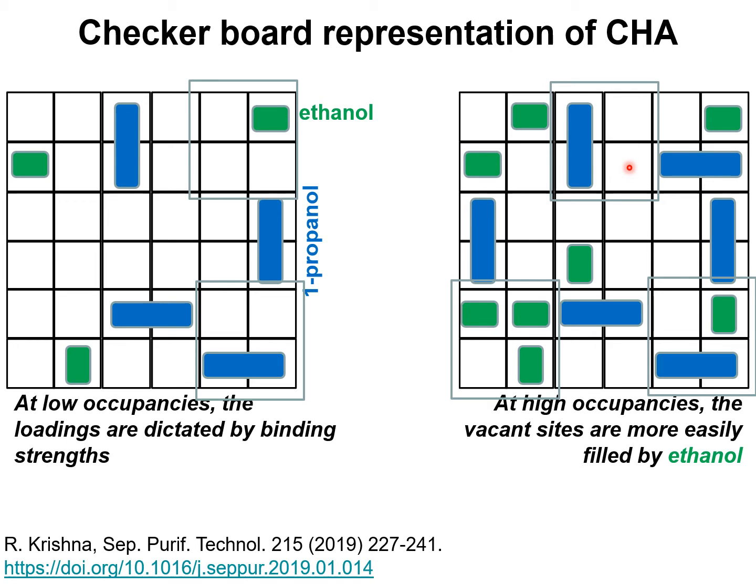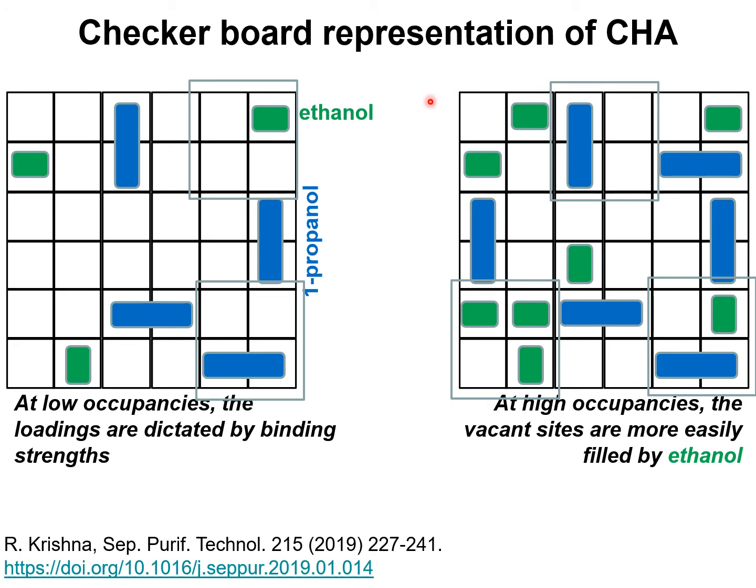These sites can be filled by 2 ethanol molecules or 1 propanol molecule. Let's consider another cage of Chabazite zeolite represented here. It has 1 propanol molecule and 1 ethanol molecule occupying 3 sites. There's 1 site available. This can only be occupied by ethanol.